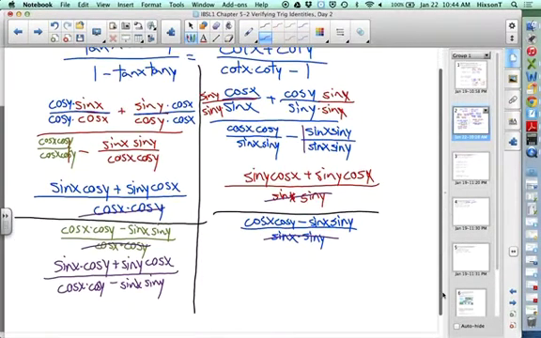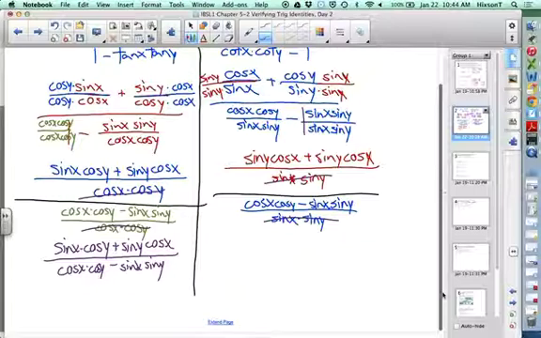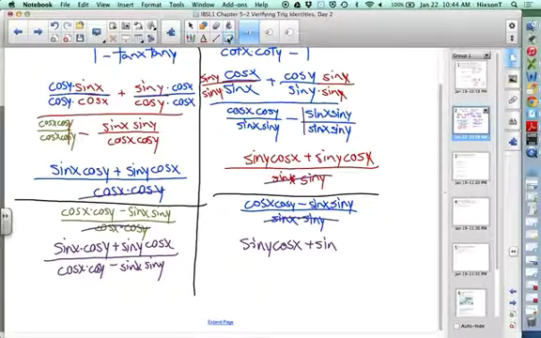So now you'll notice what I've got left. I have sine y cosine x plus sine x times cosine y. Hang on, that was correct, that needed to be an x. There we go.